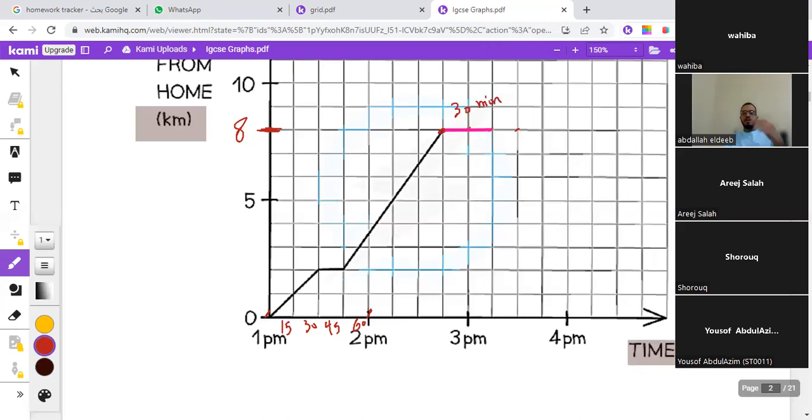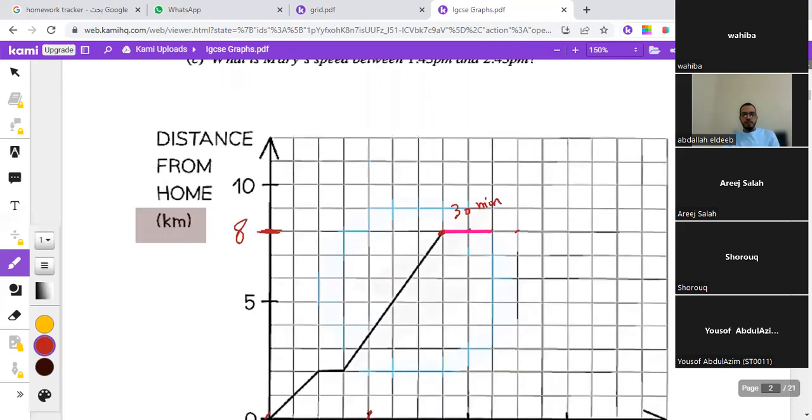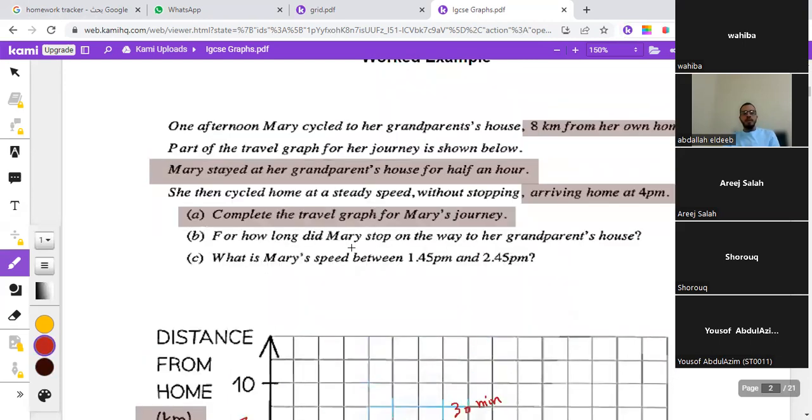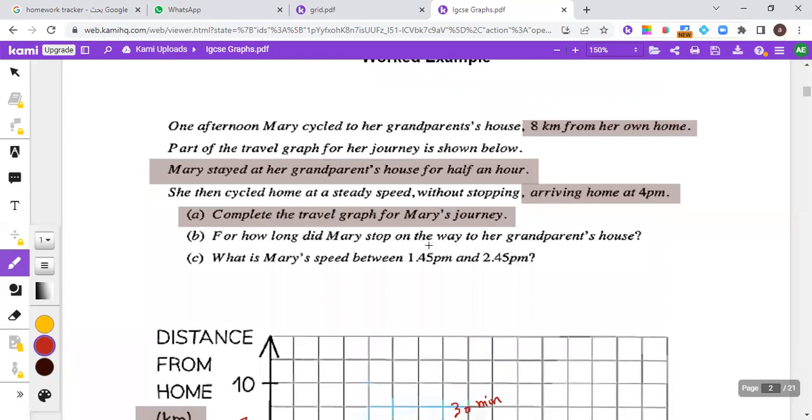Then after that, she must go back to her home. For how long did Mary stop on the way to her grandparents' house?